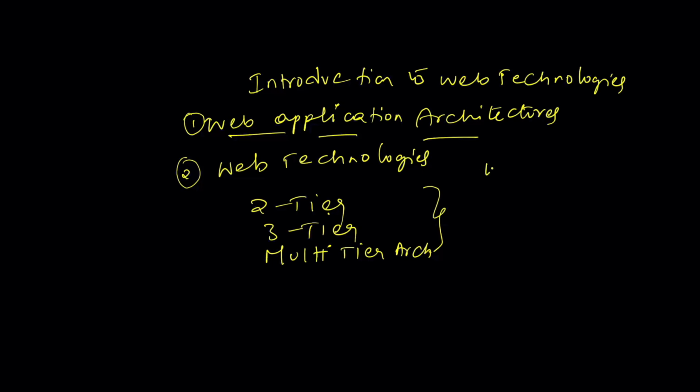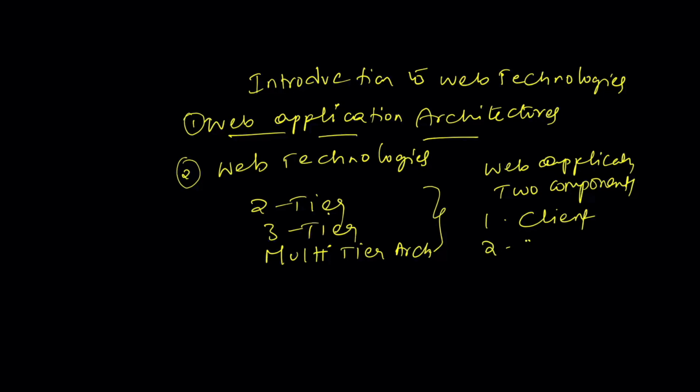Generally, if you take any web application, in these web applications there are two components. The first one is a client. The second one is a server. And there are two mechanisms, that is a request and a response.